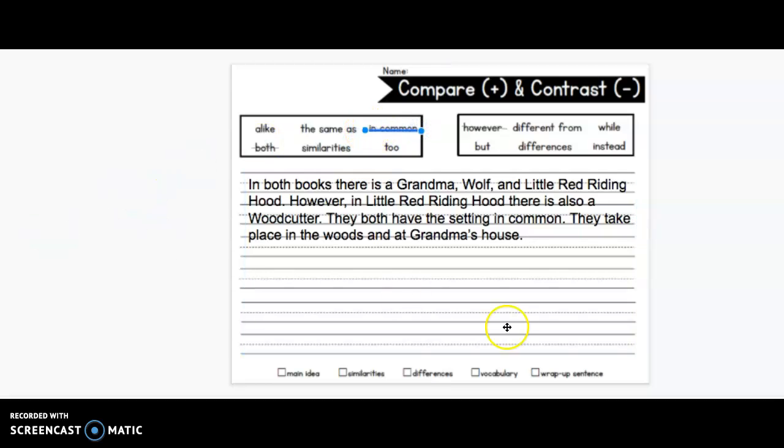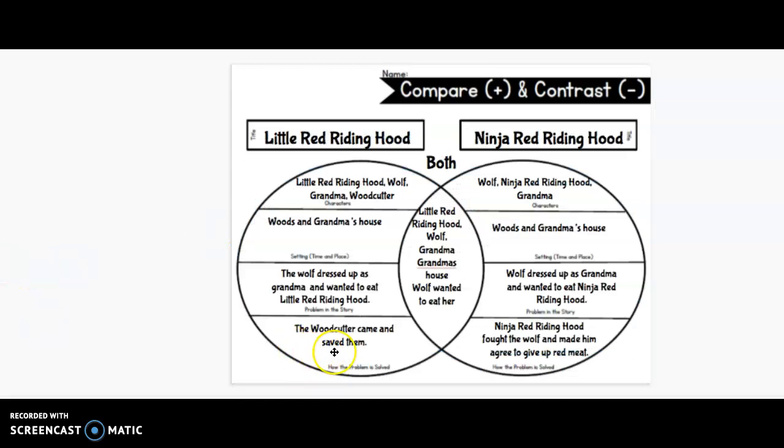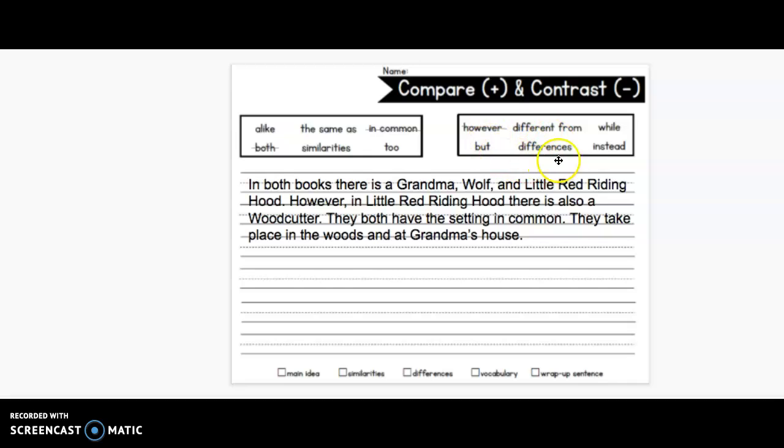All right, last story element I'm going to compare today is the solution. So the solution of Little Red Riding Hood was that the woodcutter came and saved them. If I look at Ninja Red Riding Hood, I have that the solution is Ninja Red Riding Hood fought the wolf and made him agree to give up red meat. Okay, I know that those are not the same solution. So I'm going to look for a different word.